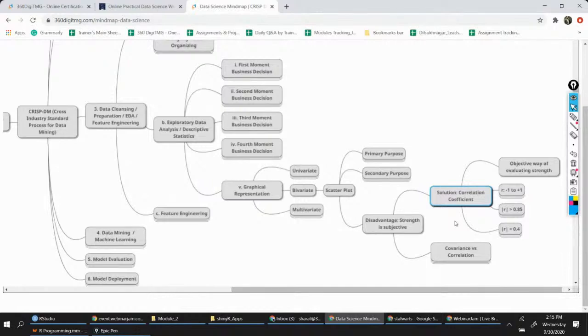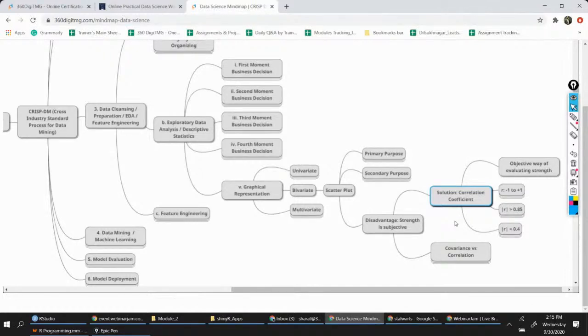The thumb rule says if your small r is greater than 0.85 from the magnitude perspective, then we say it is having a strong relationship. We say the features basically have strong correlation. X is impacting y at a strong value.